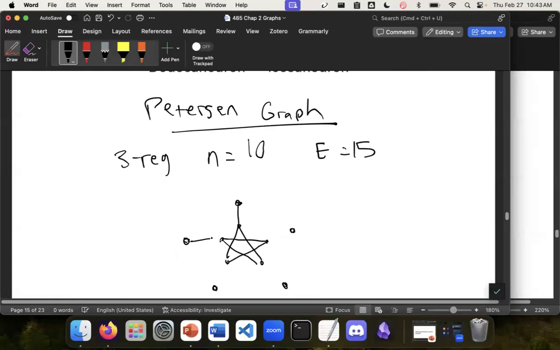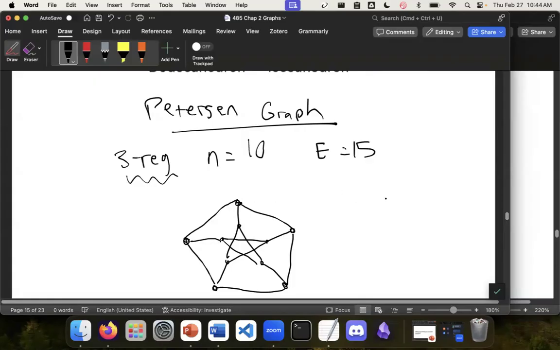And then we have an edge to the outside, and then a cycle all the way around. And in the book, there's another formulation of this, which I think looks quite cool. The Petersen graph is used for counterexamples a lot, which is something I also looked at in my dissertation. It's really useful if you are trying to prove something because it's regular. There's an even number of vertices.